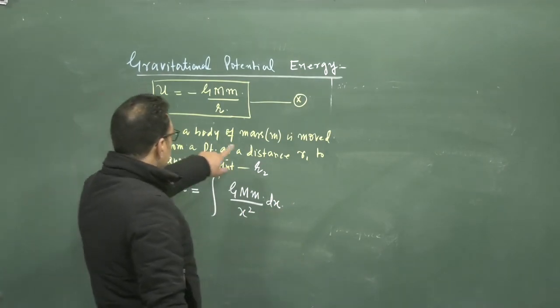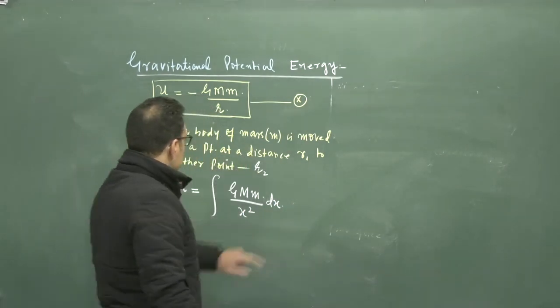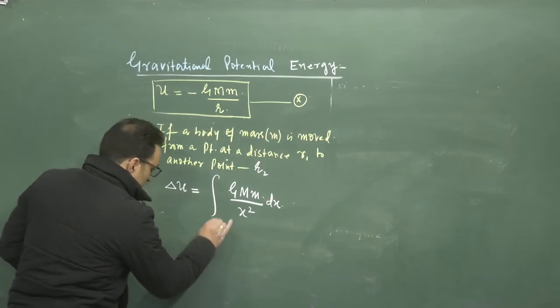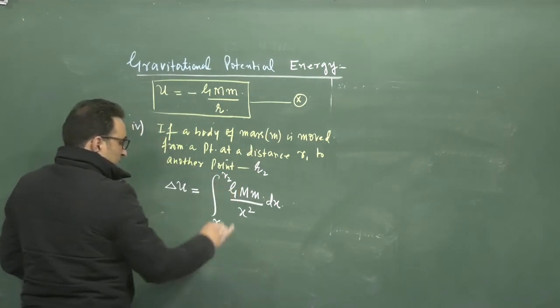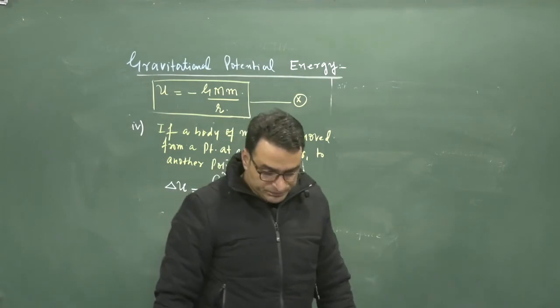Since the body of mass m is moved from a point at a distance r1, this will be the lower limit, r1, and the upper limit will be r2.